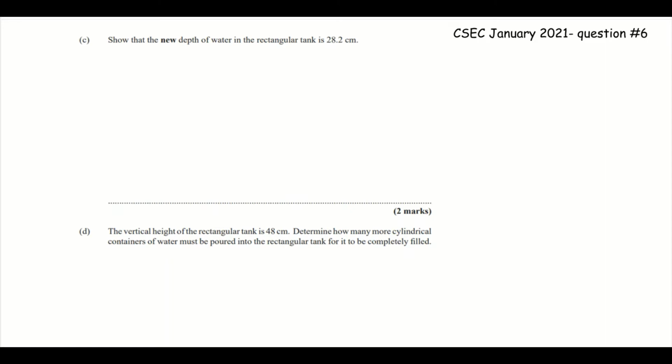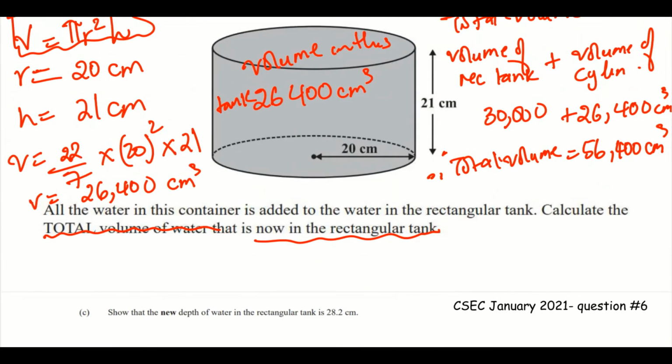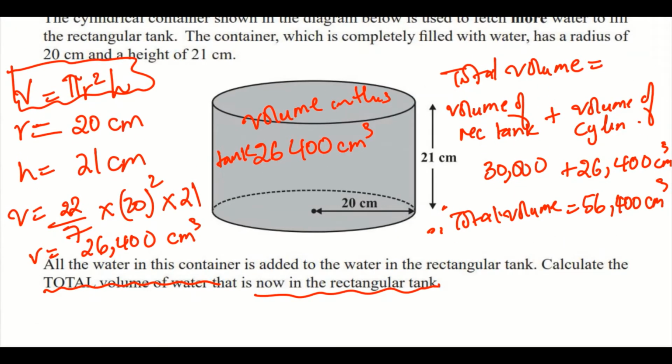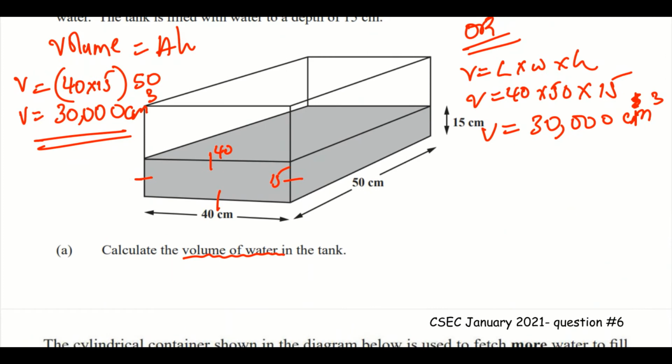Now let's work with what we know. What do we know? The volume of the water in the tank is now 56,400. That's what we know. And we know that the cross section of the tank, you can say either 40 by 50 or whatever.